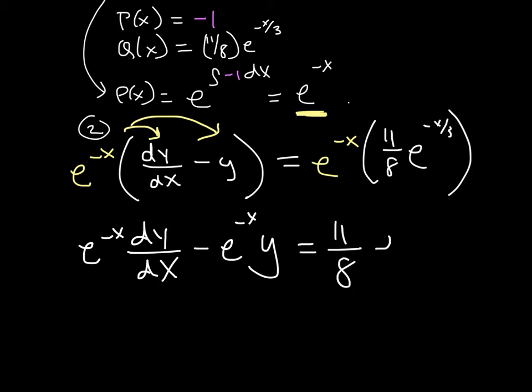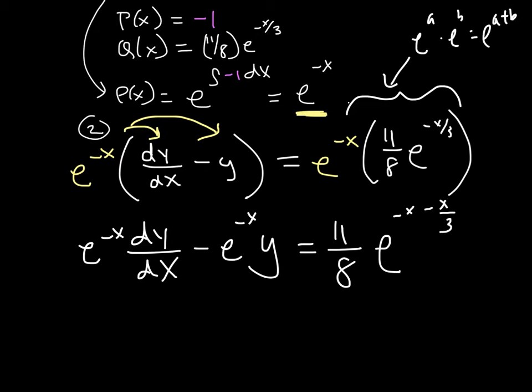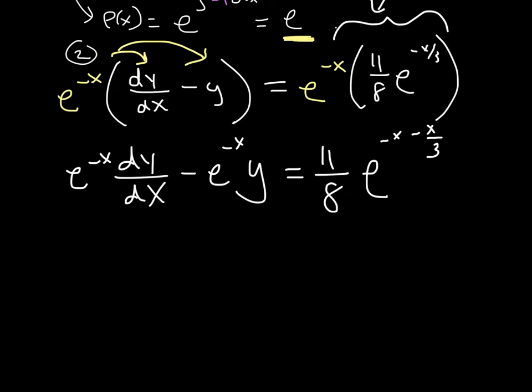And this is very nice. We can definitely use some algebraic properties here. We know e to the a times e to the b is e to the a plus b, the law of exponents. So this is really e to the negative x minus x over 3.